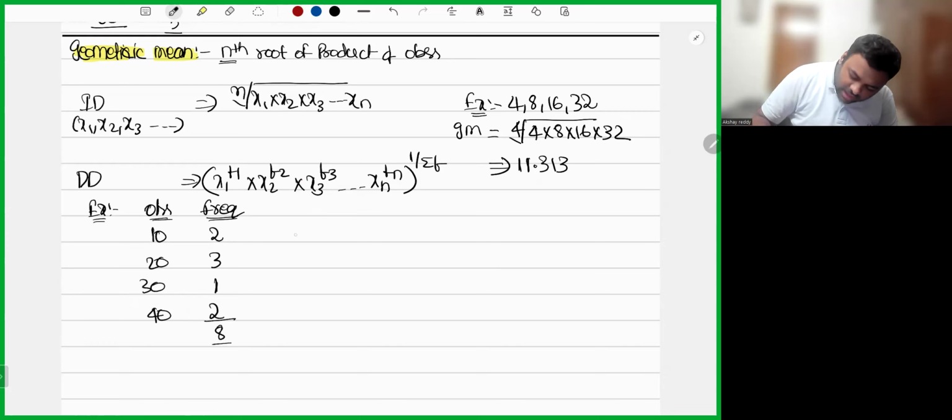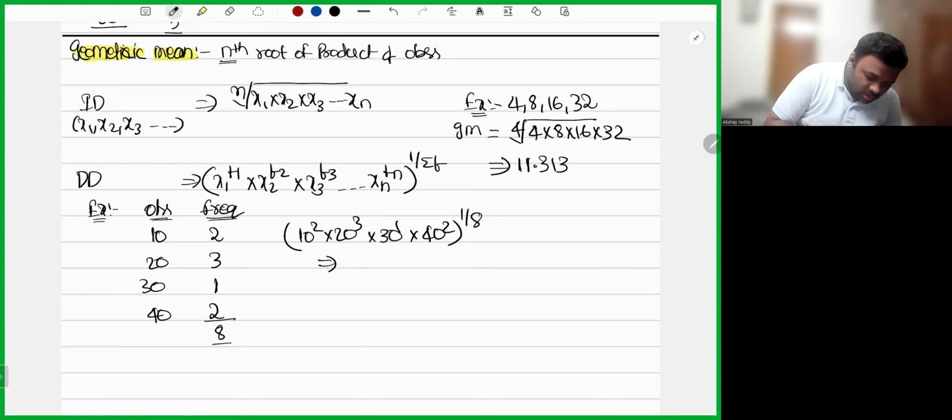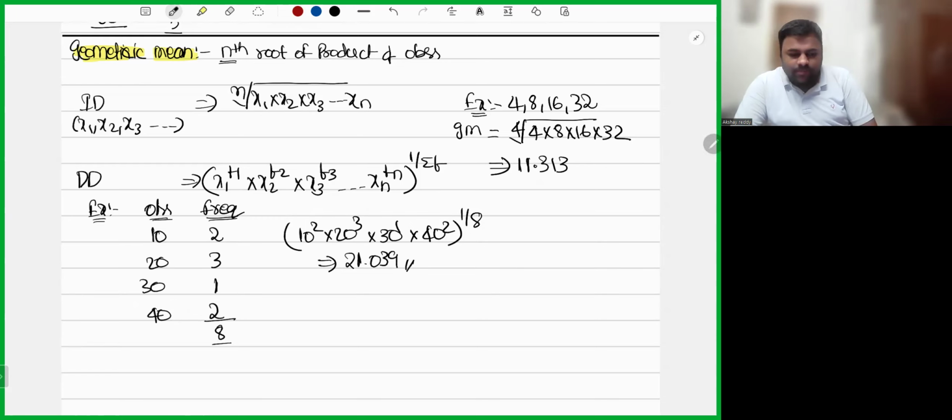So it will be 10 square into 20 cube into 30 power 1 into 40 square, whole power 1 by 8. So 10 into 10 into 20 into 20 into 20 into 30 into 40 into 40, root symbol 3 times. 1, 2, 3. 21.03.